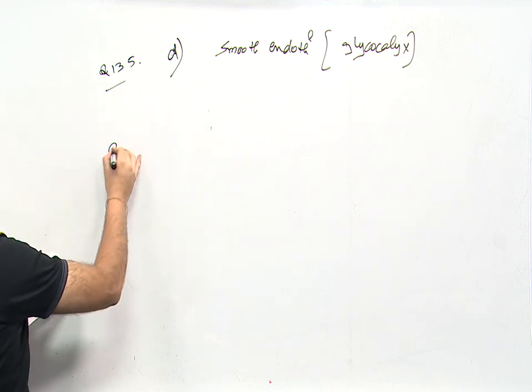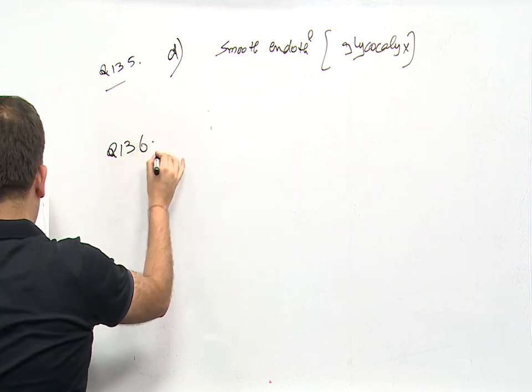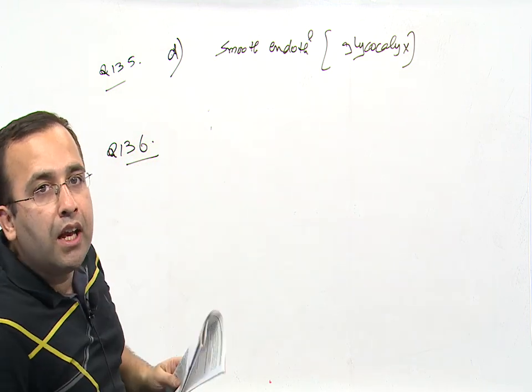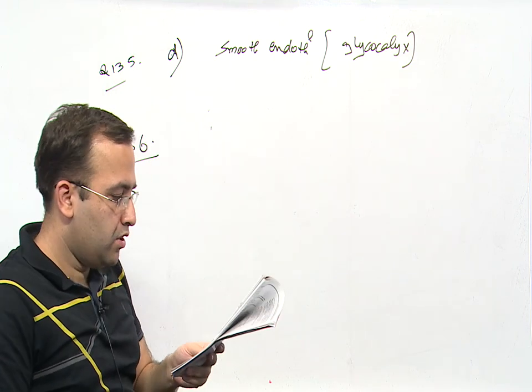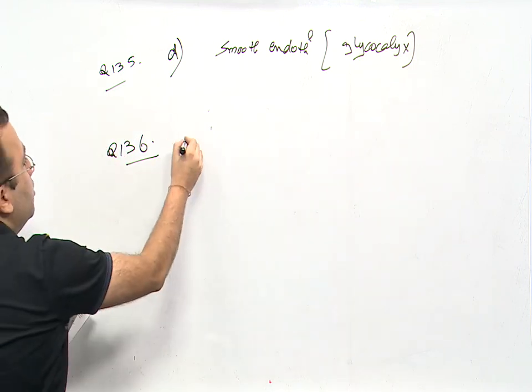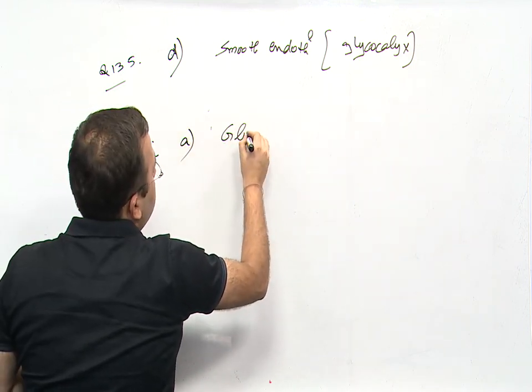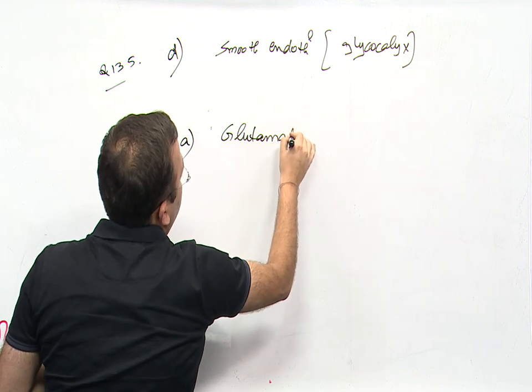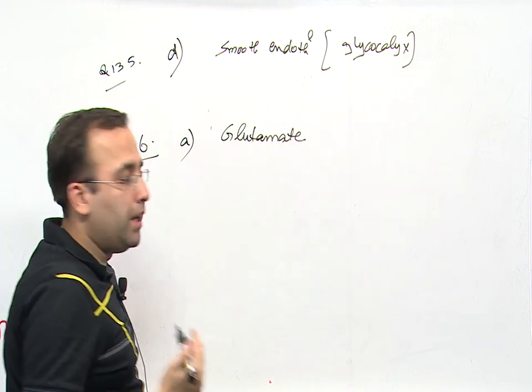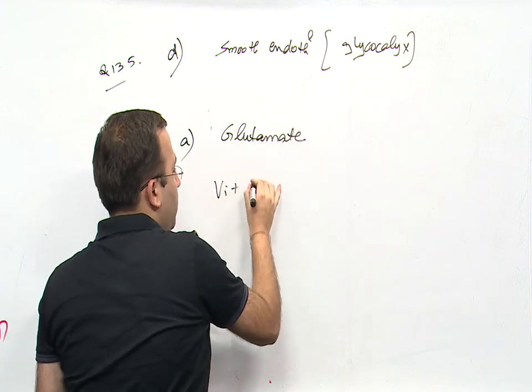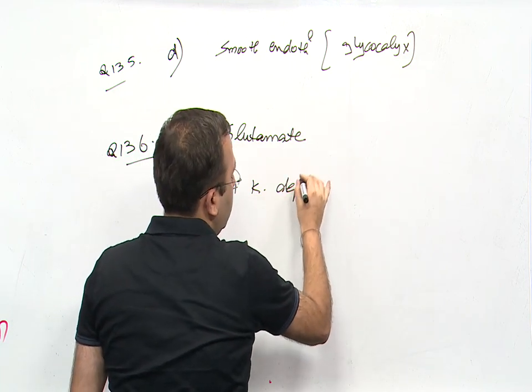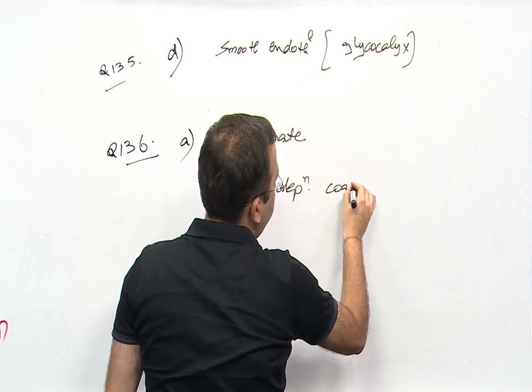Next, question 136. Vitamin K is involved in the post-translational modification of glutamate. This also you know, nothing to explain in this.